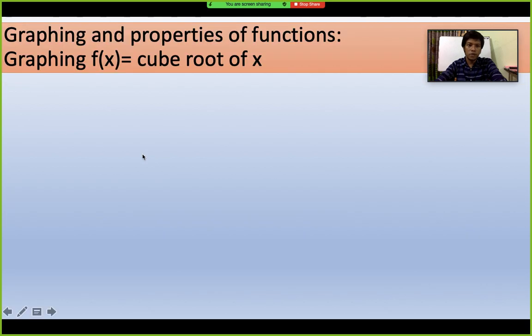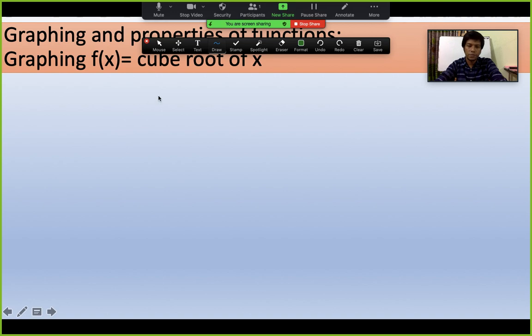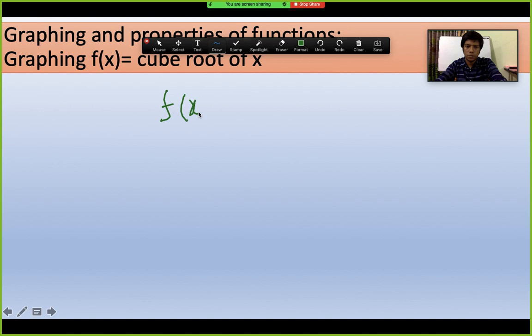And then if we try to draw the cube root of x function, the process is similar. The process is the same.